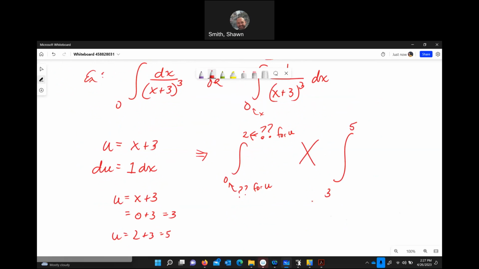So if I'm going to change using a substitution, my limits of integration have to change as well. And now I say, okay, it was 1 over u cubed du, right? 1 dx. Which is u to the negative 3, right?